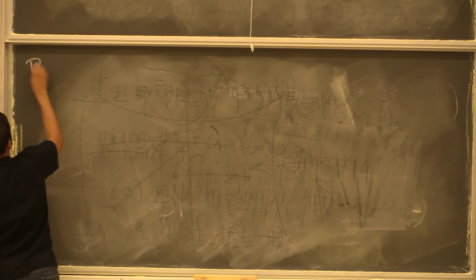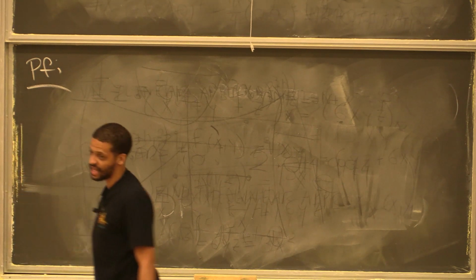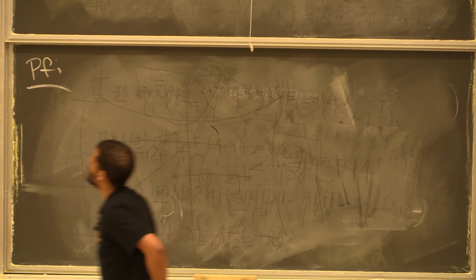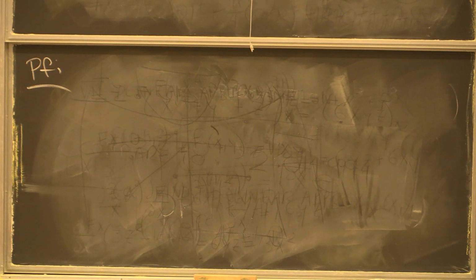So, proving this claim. Now, let's just think about what happens here. When I do a make set, I allocate a new node, constant time, right? When I do find, it also takes constant time, because remember, everybody stores a direct pointer to its head, right?